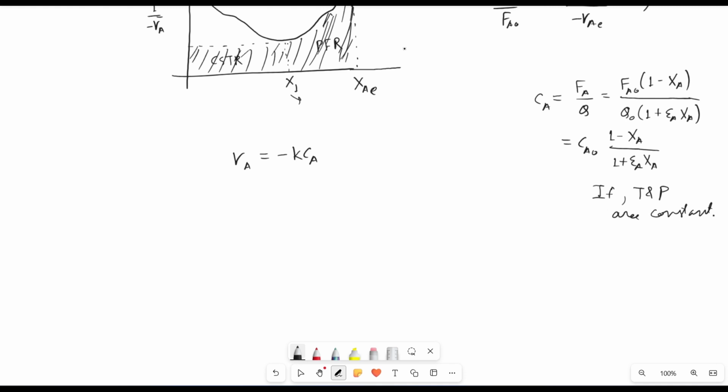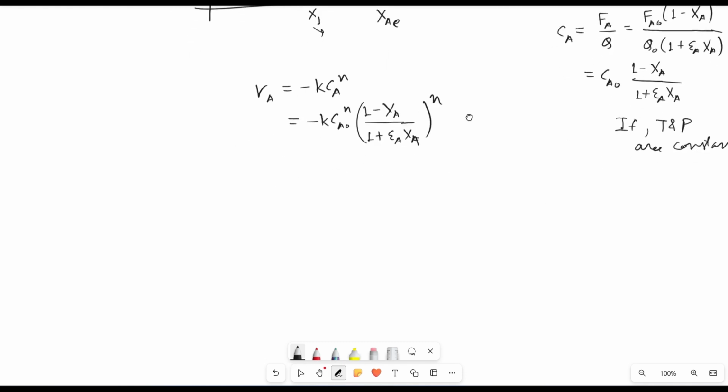Ca to the power n, for an nth order reaction, is K Ca naught to the power n, (1 minus Xa divided by 1 plus epsilon A Xa) whole to the power n. This is the general rate expression for an nth order reaction.